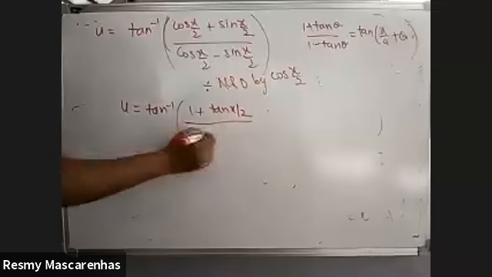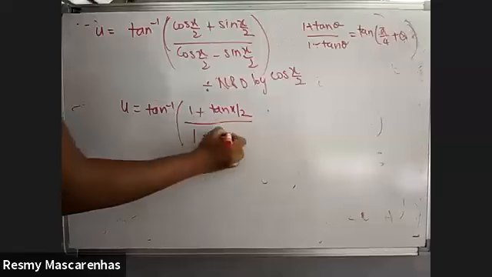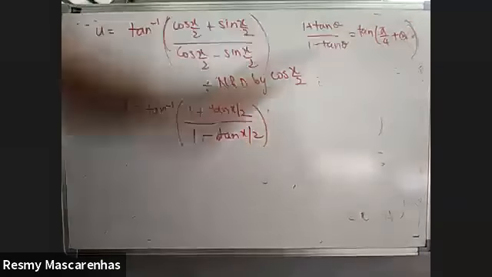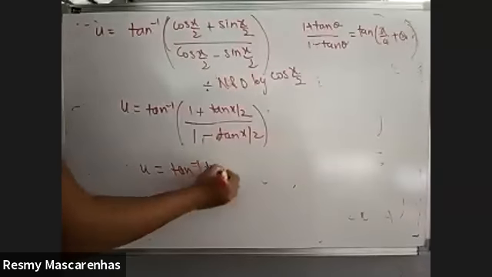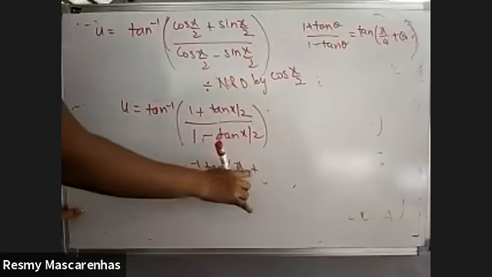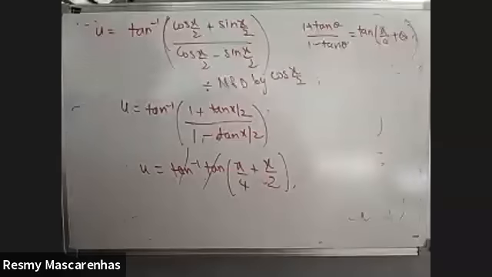This will be minus. Sin upon cos will become tan. And now use this formula. So u will be tan inverse of tan of pi by 4, because numerator is plus, this will be plus. Tan inverse tan will cancel.